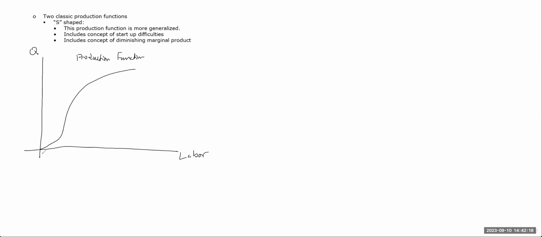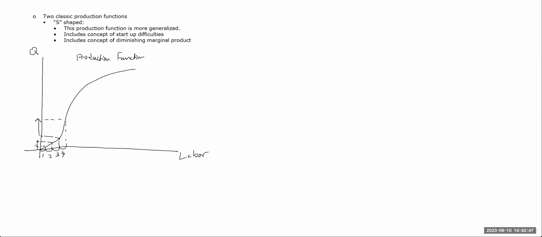And what happens is in the beginning, when you hire one person, output goes up by this much. Hire the second person, output goes up. And then after a while, let's say we hire the fourth person, the increase in output is massive.